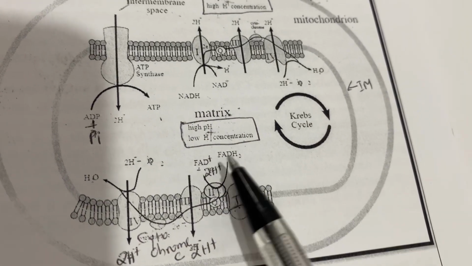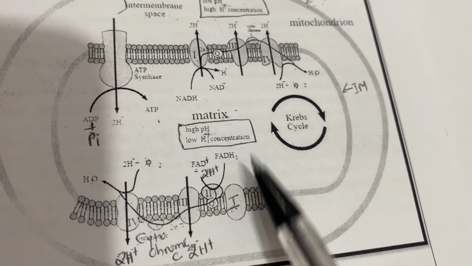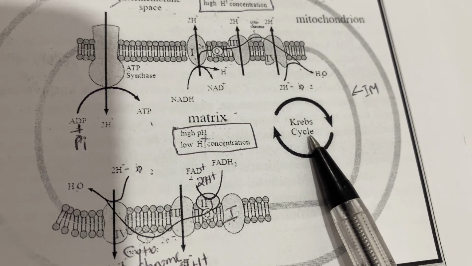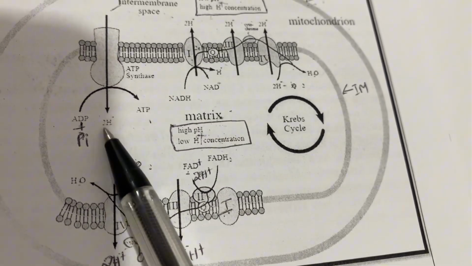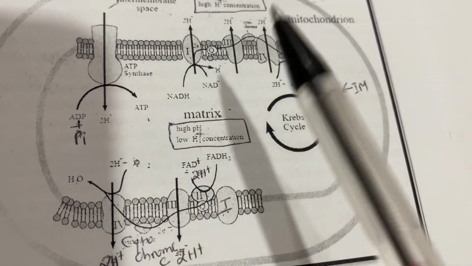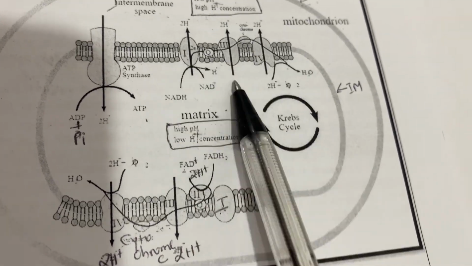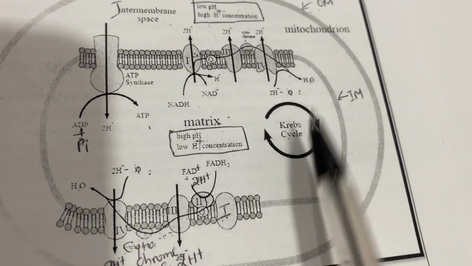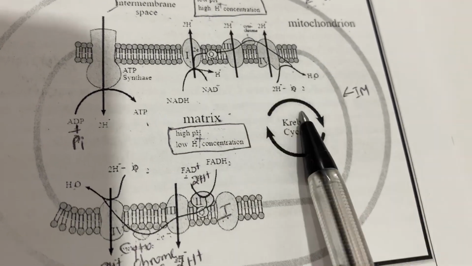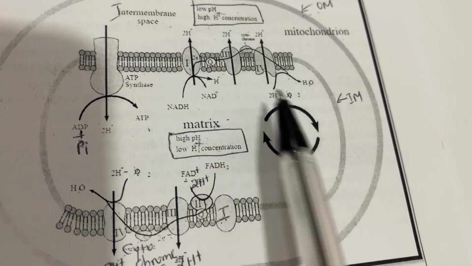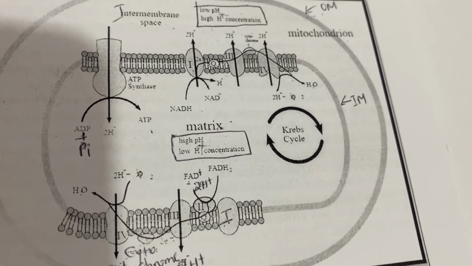NADH and FADH2. And from where do they get FADH2 and NADH? From the Krebs cycle, isn't it? So you see, that's how the steps in cellular respiration are interconnected. One cannot operate without the other, and they operate in a systematic manner. They cannot operate randomly.